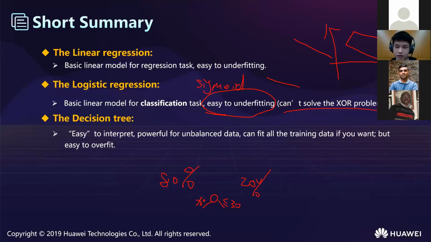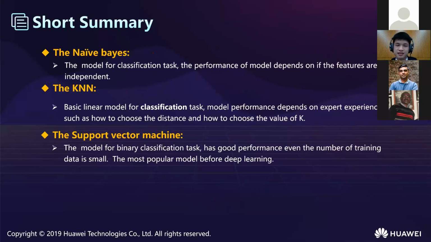So it can handle unbalanced data. And if we want, the decision tree can fit all the training data because we can build a lot of leaf nodes. But it's easy to overfit, and we can use random forest to solve the overfitting problem.